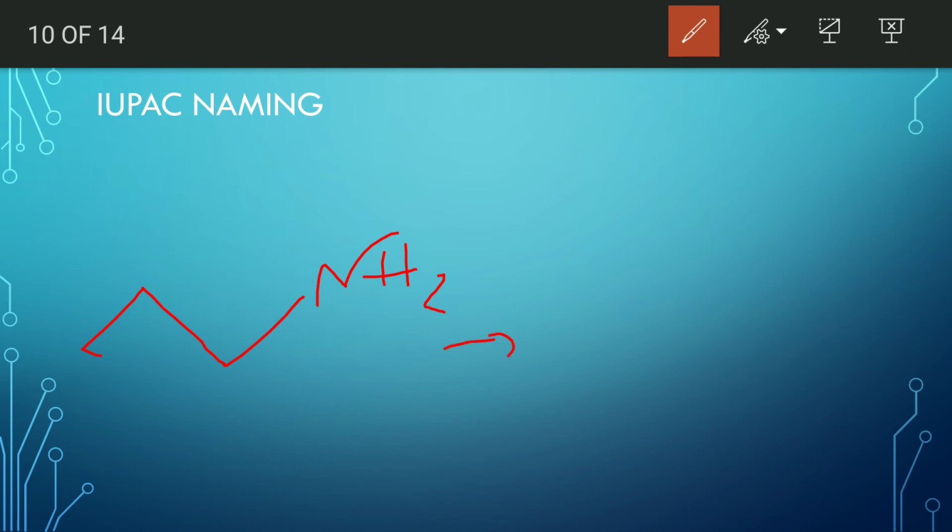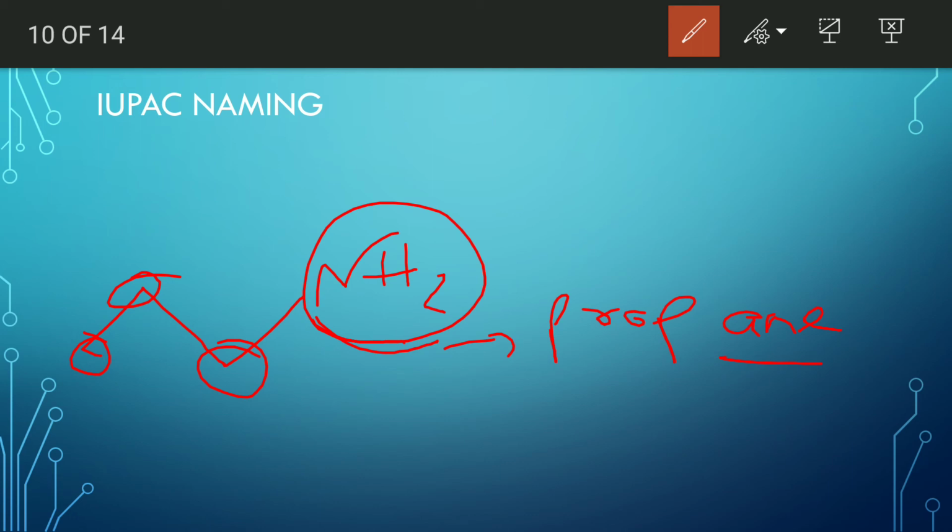This is, what is the word root? 1, 2, 3. That is prop. Now it's an alkane, so the 1 degree suffix would be ane. And the 2 degree suffix of an amine is amine.